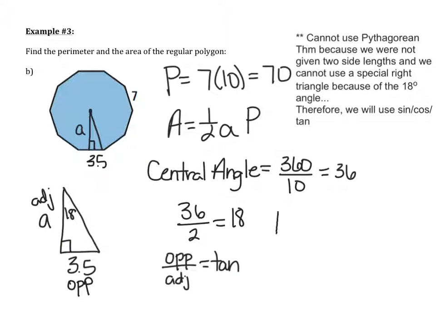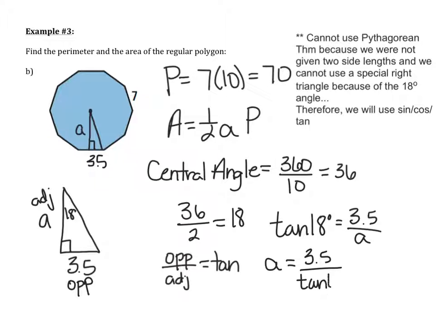So the tangent of 18 degrees would be 3.5 over the apothem A. Since our variable is in the denominator, we're going to multiply by A and then divide by the tangent. So the apothem would be equal to 3.5 divided by the tangent of 18 degrees, which is approximately equal to 10.8. So now we have all of our missing pieces.